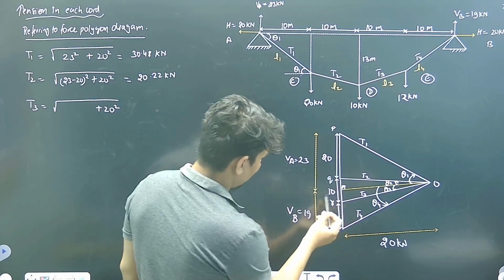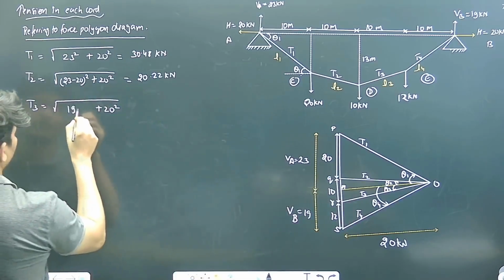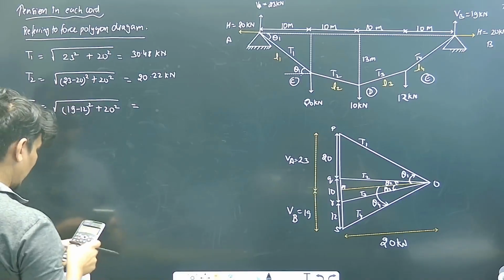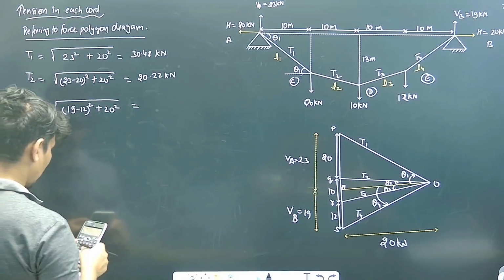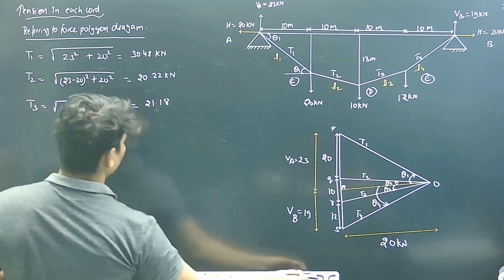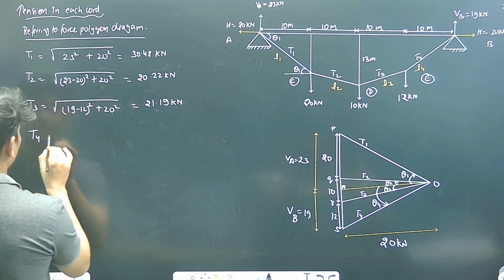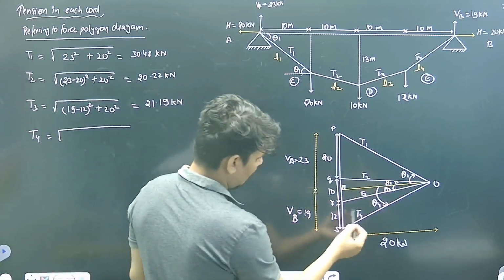This is total 19 minus 12. 11 square plus square root answer 18979. T4 root over 44.